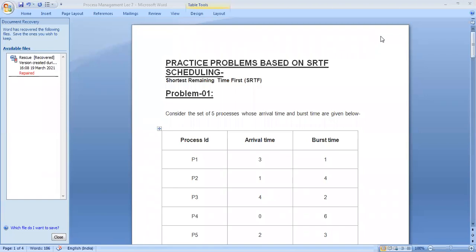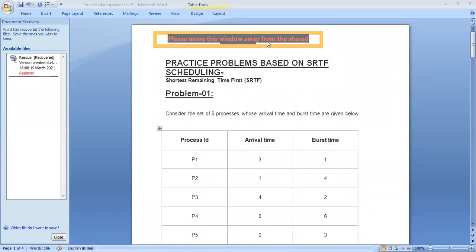Today we'll start one problem with the help of shortest remaining time first, which is shortest job first preemptive mode. When we solve one problem, our concept will also become clear about what preemptive mode actually is.